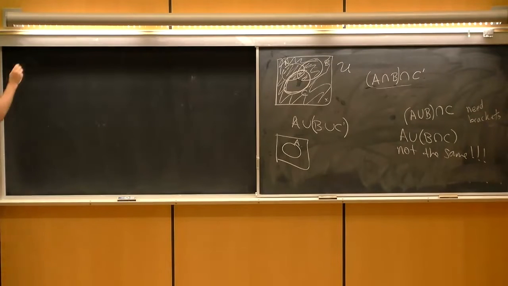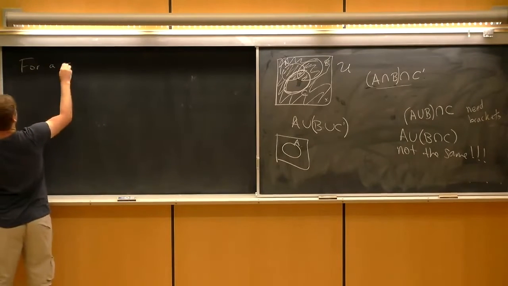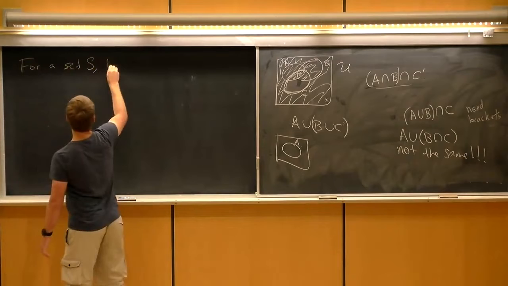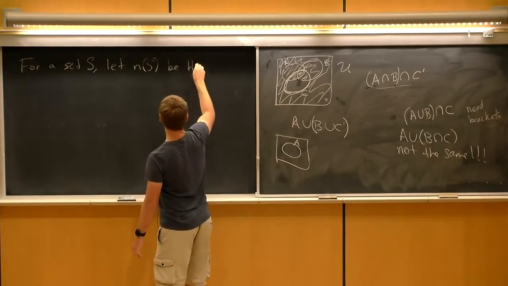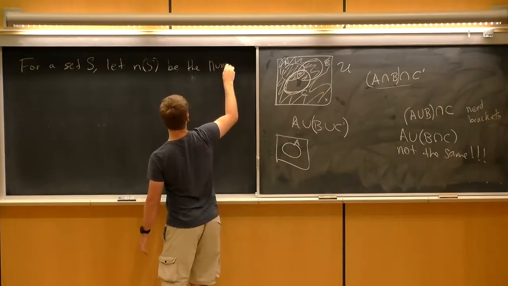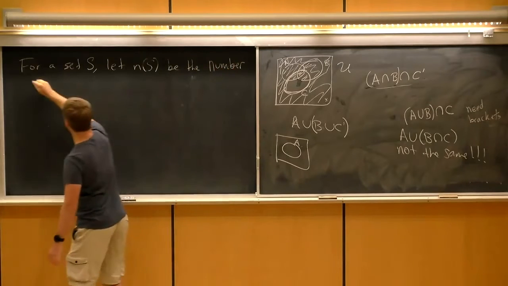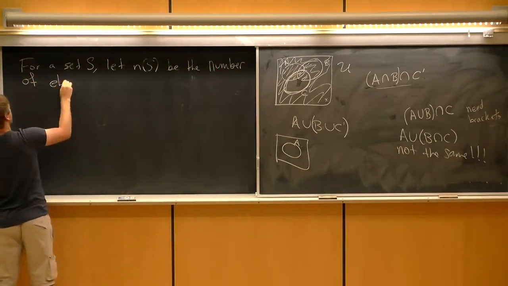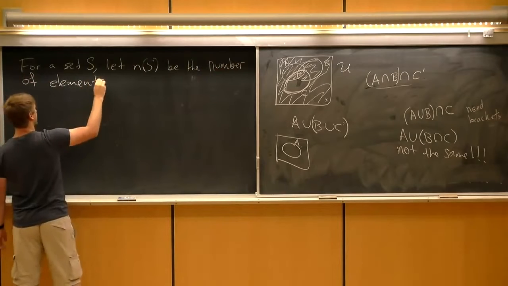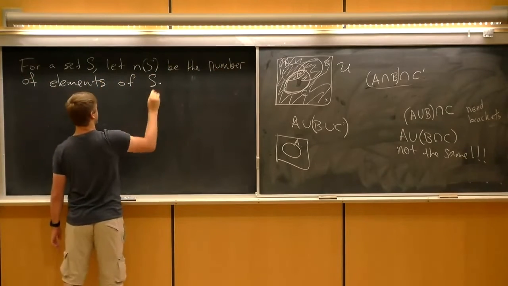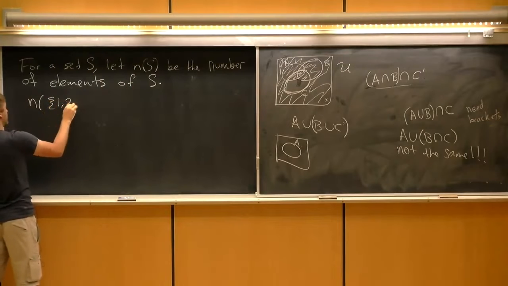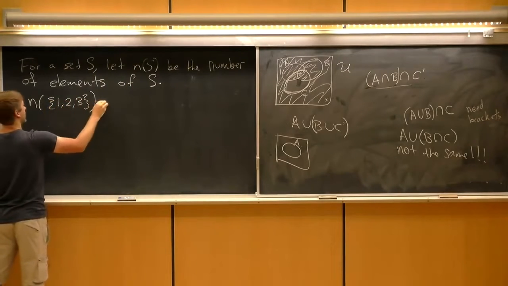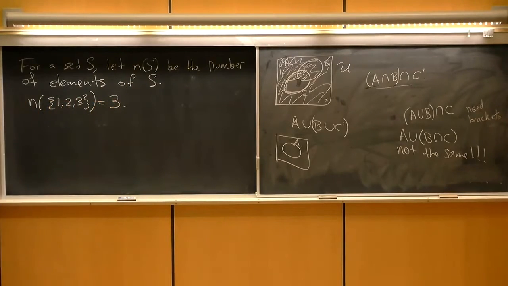For a set S, let n of S be the number of elements of S. So for example, if I take the set 1, 2, 3, it's just counting the elements.